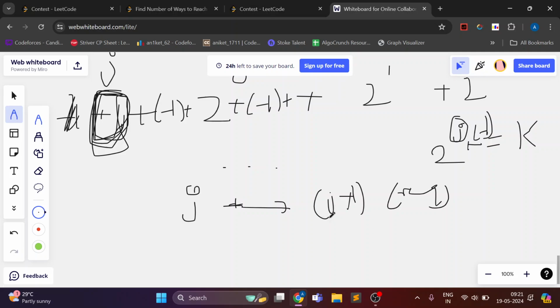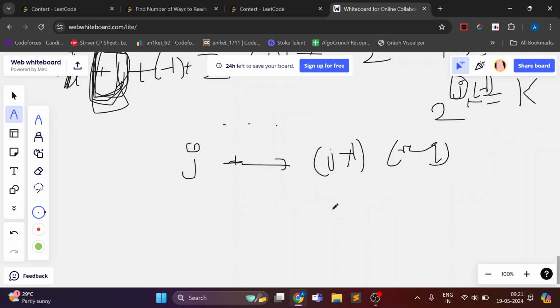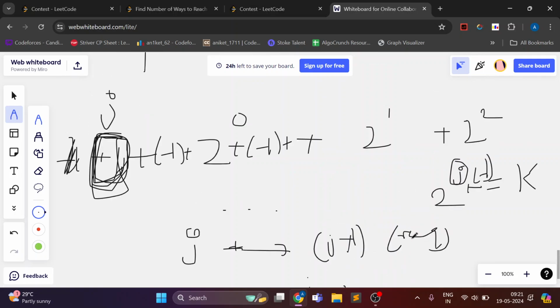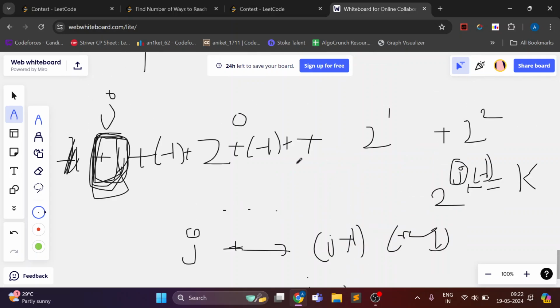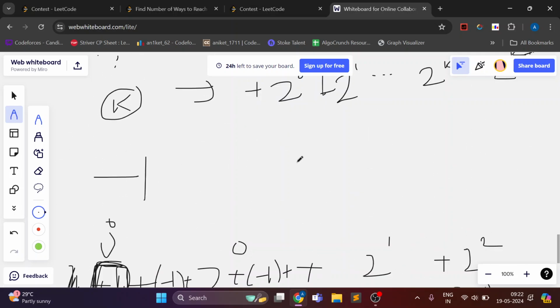Now to fill j plus 1 gaps with the required number, the formula is basically NCR, right? j plus 1 C required. So we have to fill the required number of elements in j plus 1 gaps. So this was the core idea, I would say.